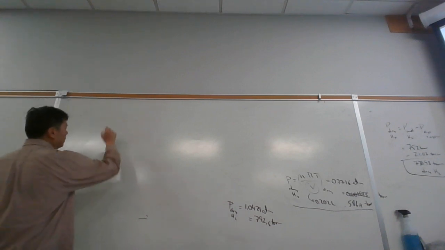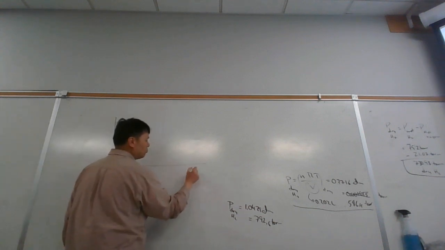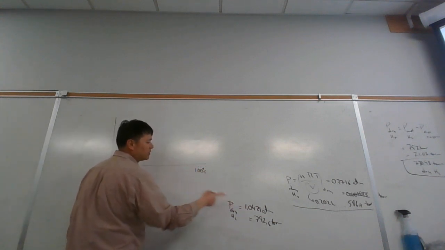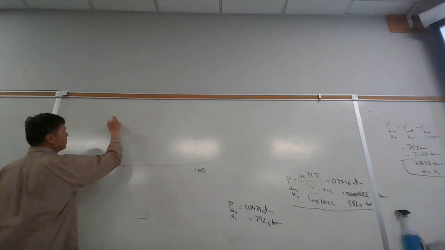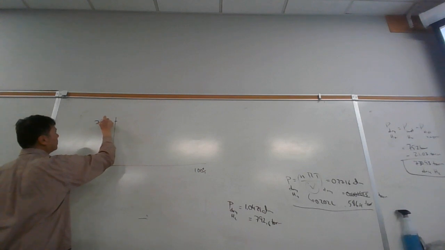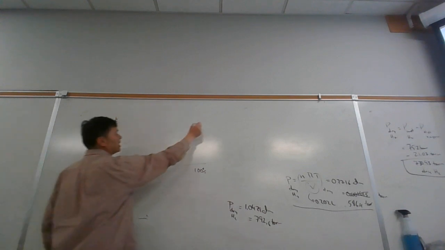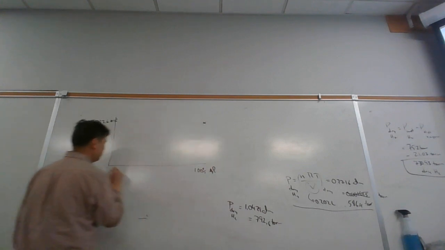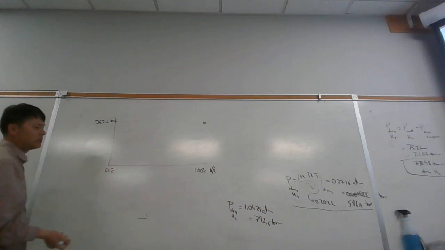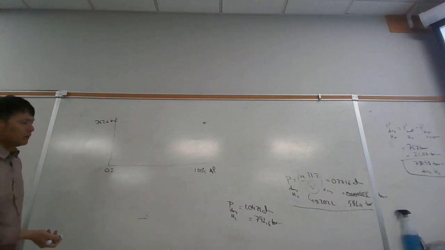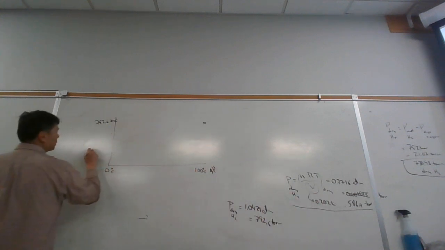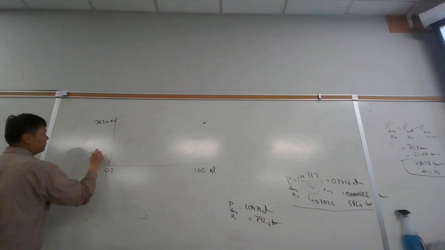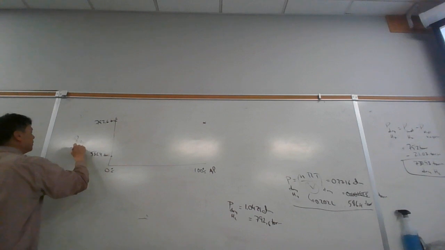But anyway, if we had 100% aluminum, we're going to have 792.6 torr worth of hydrogen gas. If we had 0% aluminum, that is 100% magnesium, we're going to get 586.4 torr worth of pressure. This is the pressure of dry hydrogen.